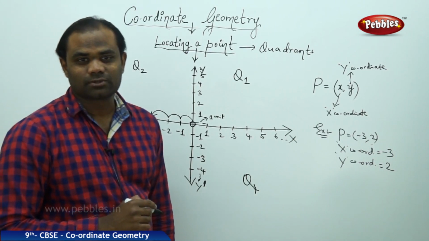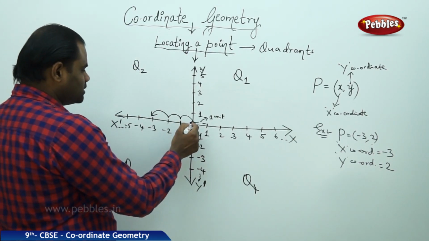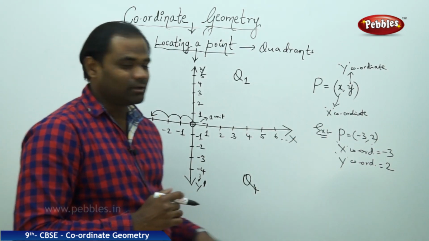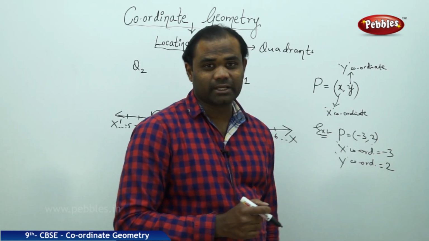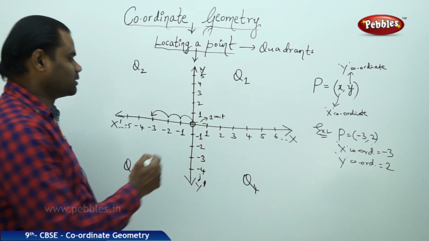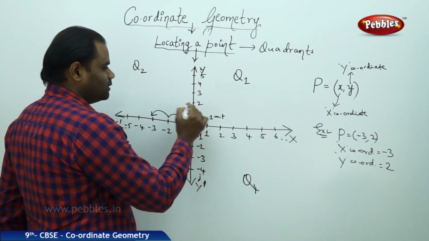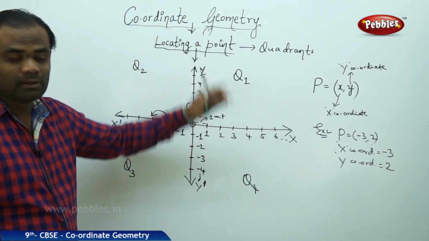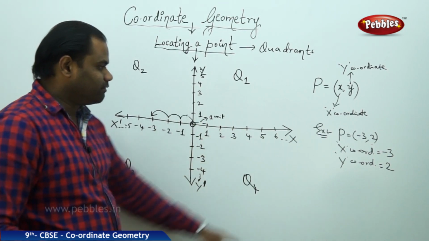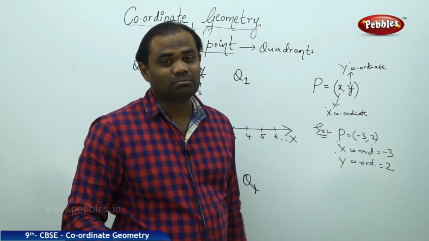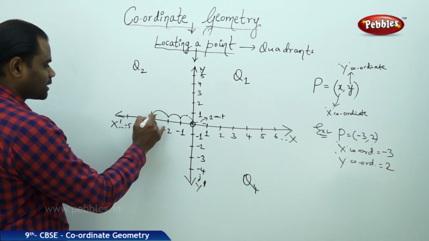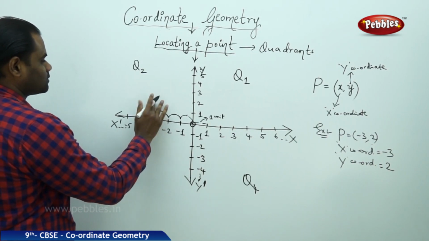I move 3 units to the left, and therefore my point P is initially with the x value out here, and then my y coordinate being equal to 2 indicates that this is the positive y value, which is 2 units up. So I move 2 units up, but I don't move from the origin, because first it moves through the x-axis and then through the y-axis. So the point P moves first 3 units left and then 2 units up.